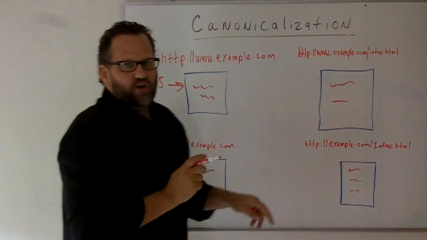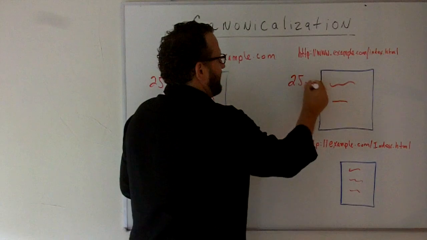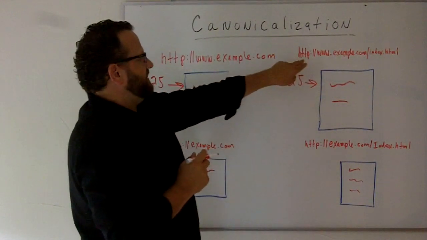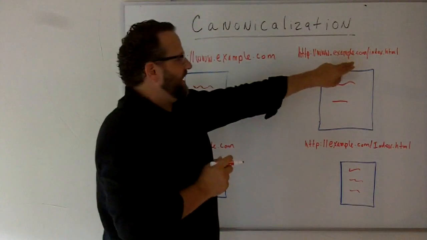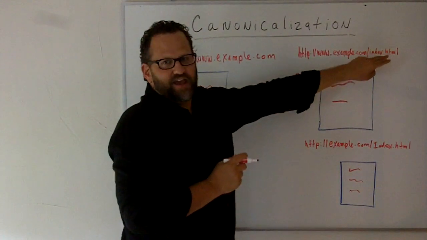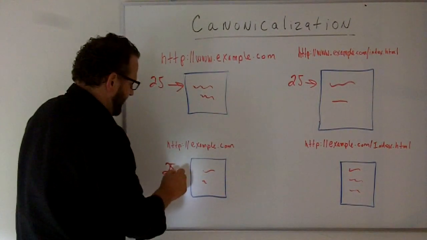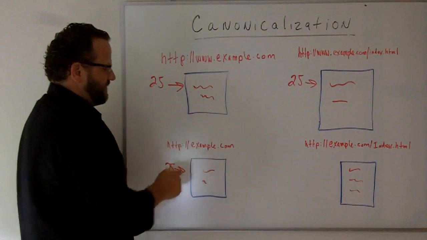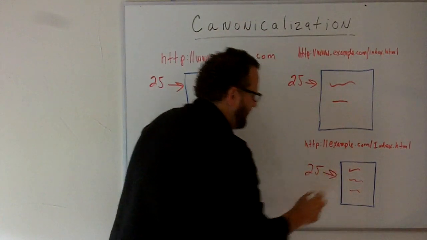Okay, now you could also have, let's say we have 25 links coming into this URL, http://www.example.com/index.html, and then you could have 25 links coming into http://example.com without the www, and of course we could have the same thing here.